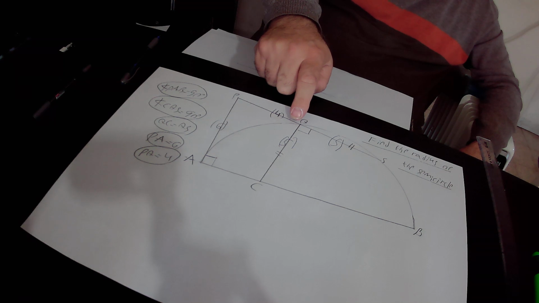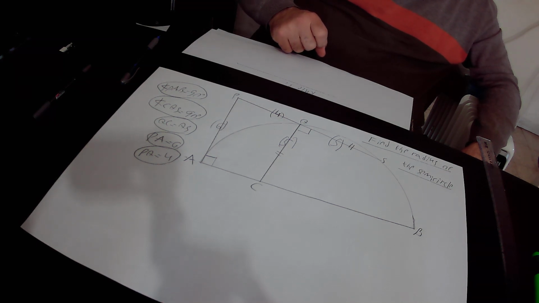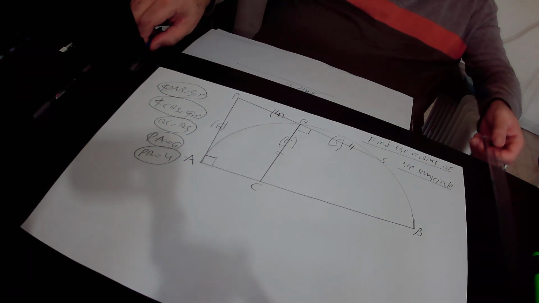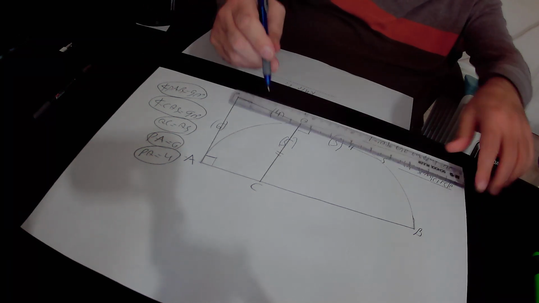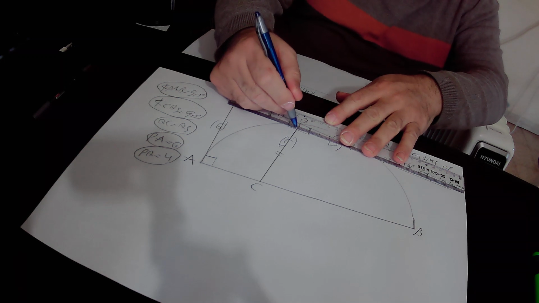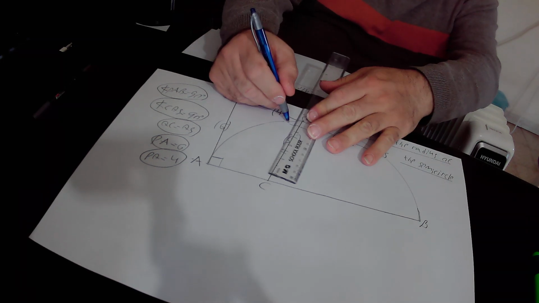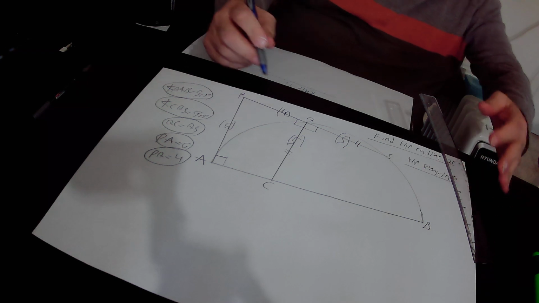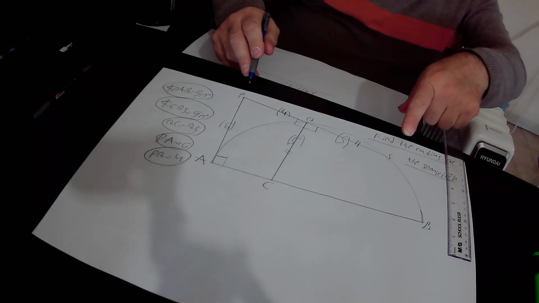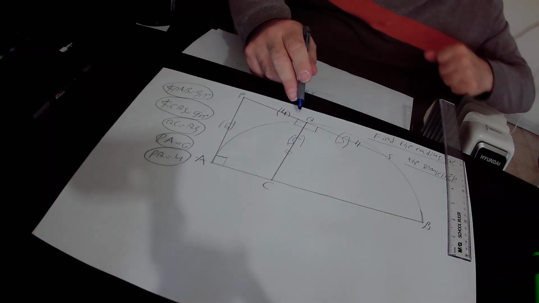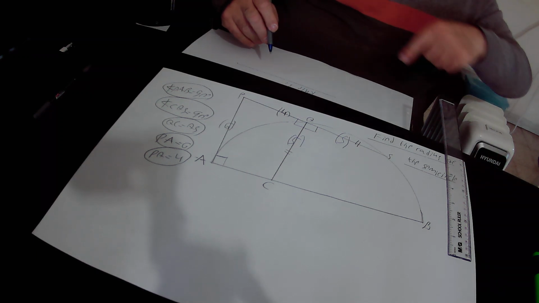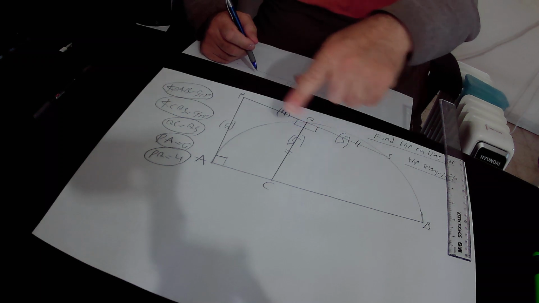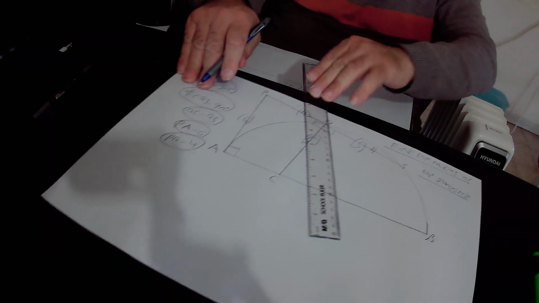The sum of those two angles must be equal to 180 degrees. Therefore, the missing angle must be equal to 90 degrees. In the next step, we join points P and C together by a straight line.